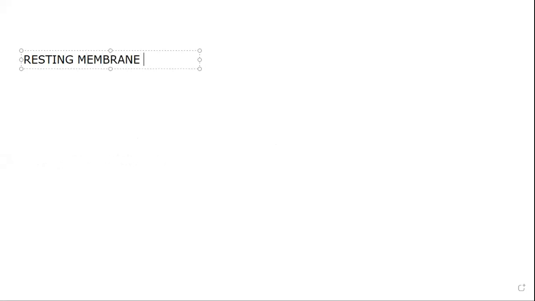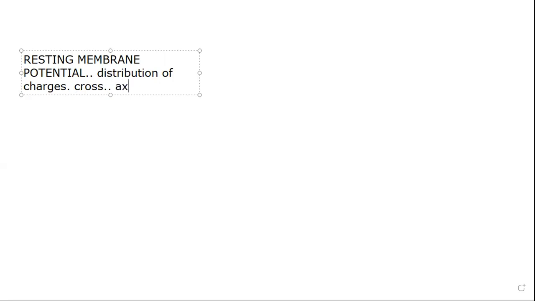Actually, what is a resting membrane potential? It is the distribution of charges across the axonal membrane that keeps them separate during non-conducting conditions, when the neuron is not in a conducting state.